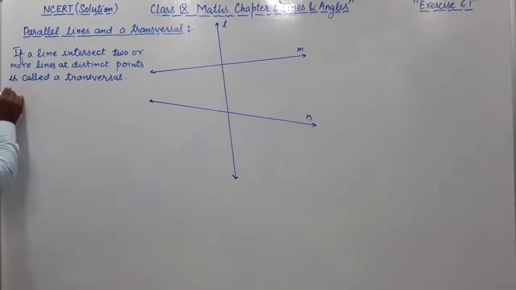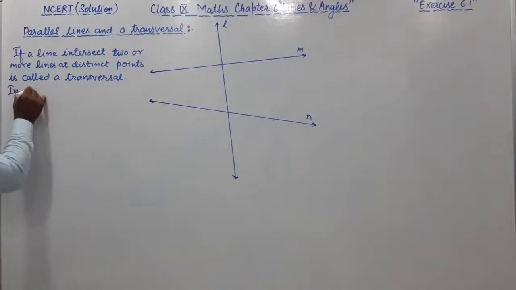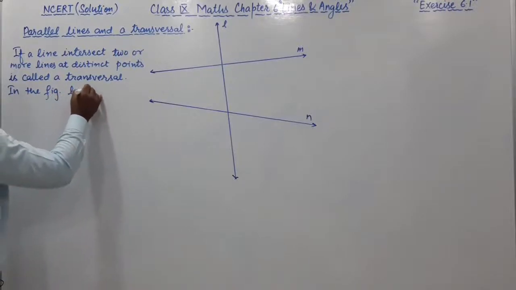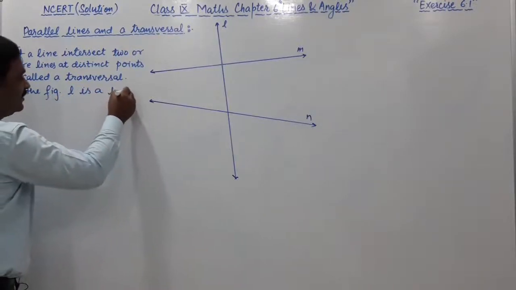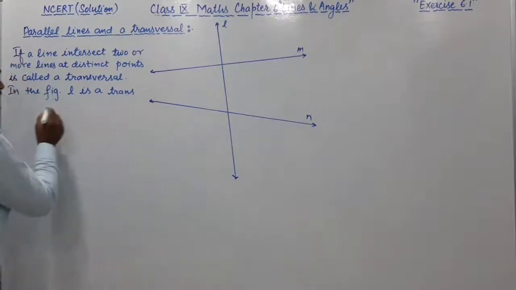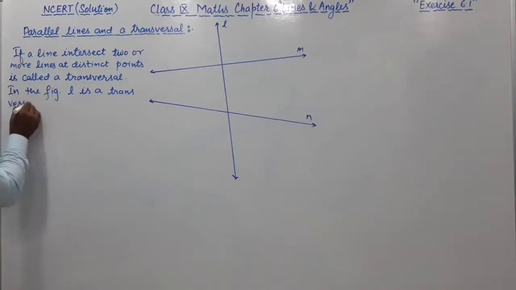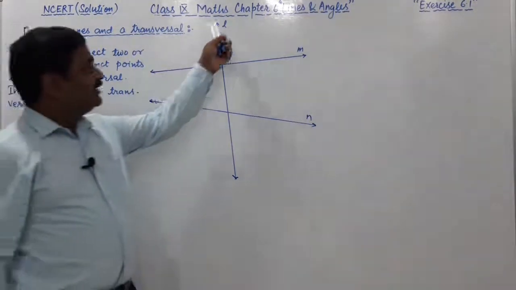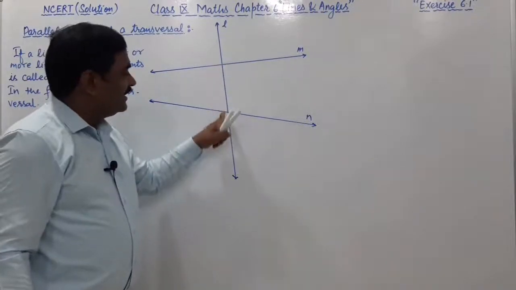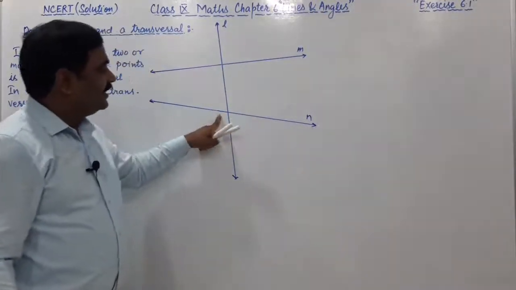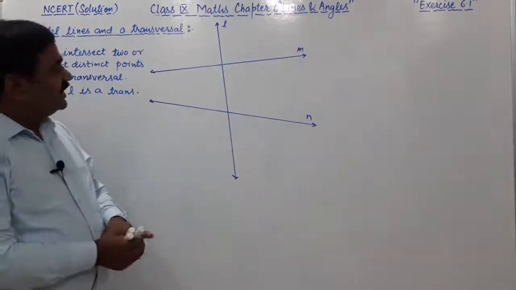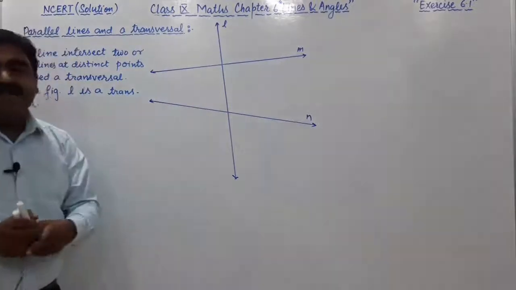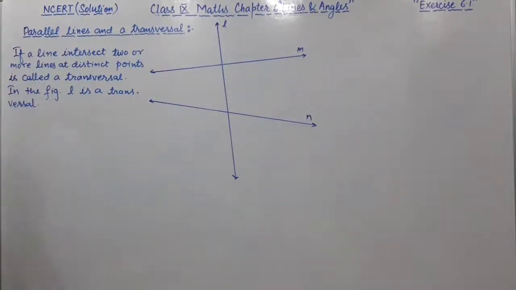So here in the figure, line L is the transversal. Right, friends? So line L is the transversal. This line L intersects line M at this point, and line N at this point. So from the intersection points we are getting four angles at this point, four angles at this point. Right?